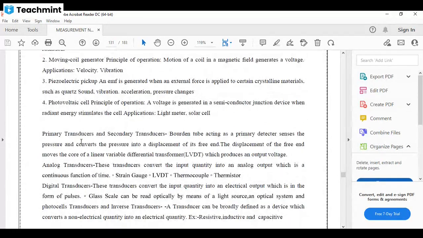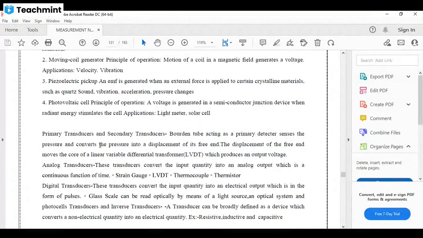Now, primary transducer and secondary transducer. The Bourdon tube acts as the primary transducer. I already discussed what a Bourdon tube is. It senses pressure, and the pressure is converted into displacement. The displacement can be measured by the LVDT, which is the secondary transducer. So the Bourdon tube acts as the primary sensor.